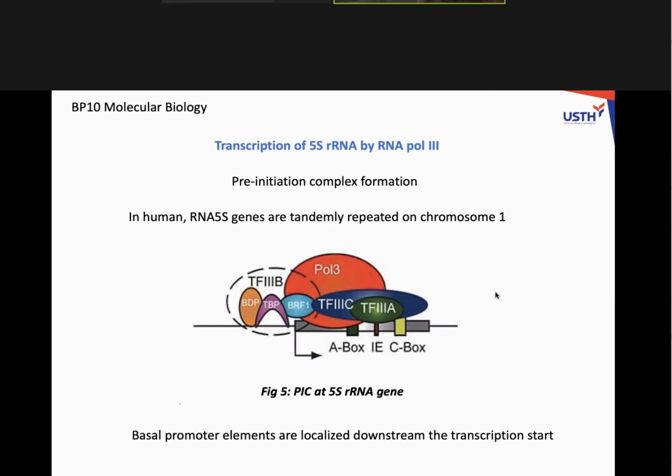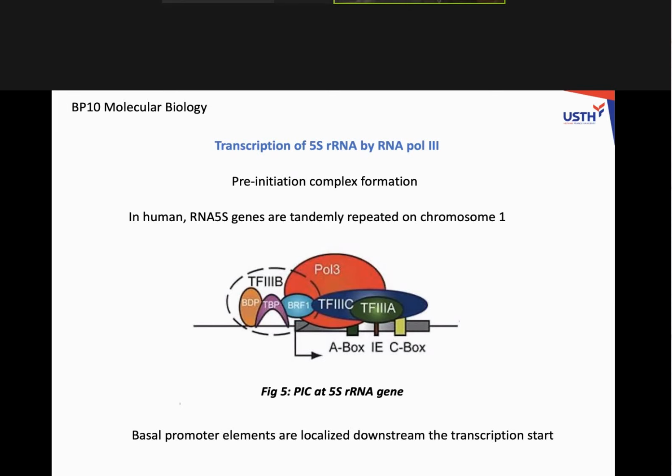Okay, so do you see the difference between POL1 and POL2, which we are going to see just after, but you already know it. For POL1 and POL2, the pre-initiation complex containing the polymerase is established on the +1 site, the transcription start, and the interactions are upstream of the transcription start.